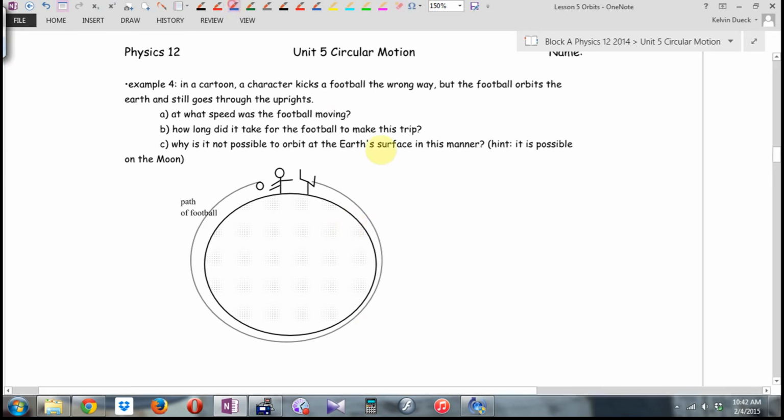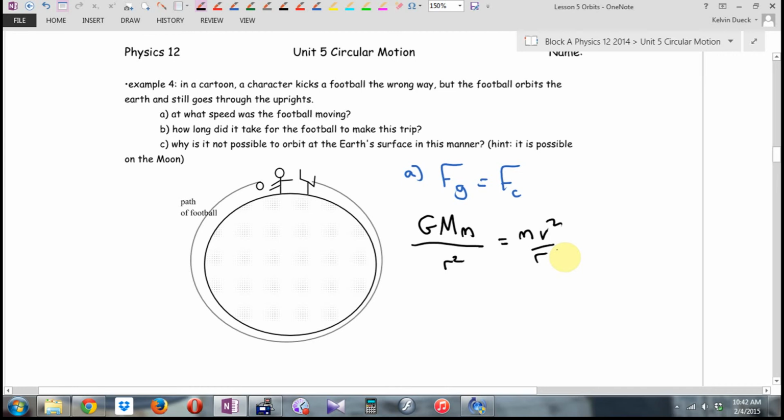They've talked about speed. I'm going to write down that gravity is what's pulling this thing in a circle. Where gravity is big G, big M, little m over r squared, and it's going to be m times v squared over r, because they want speed. Did they tell me the mass of the football?